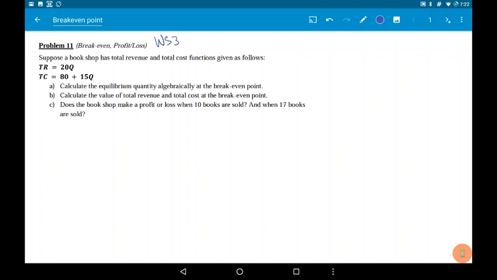Okay, let's review the rules. When we say break-even point, we mean that the profit equals 0. This also means that total revenue equals total cost.